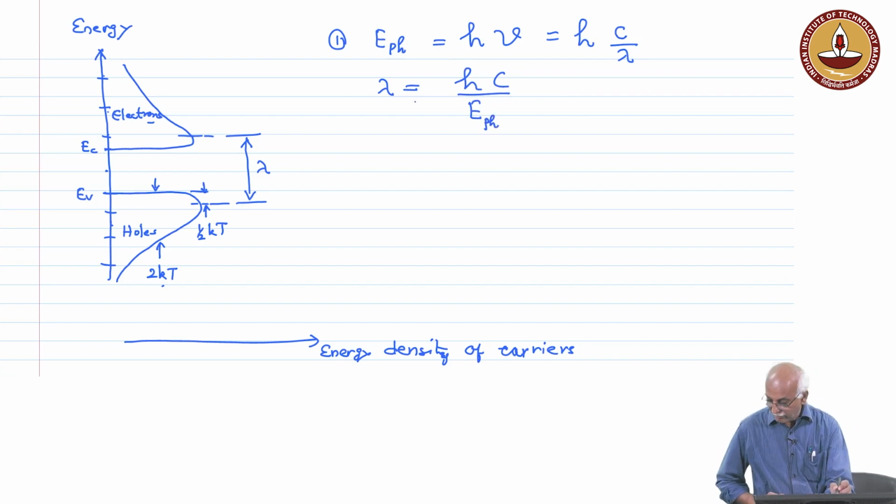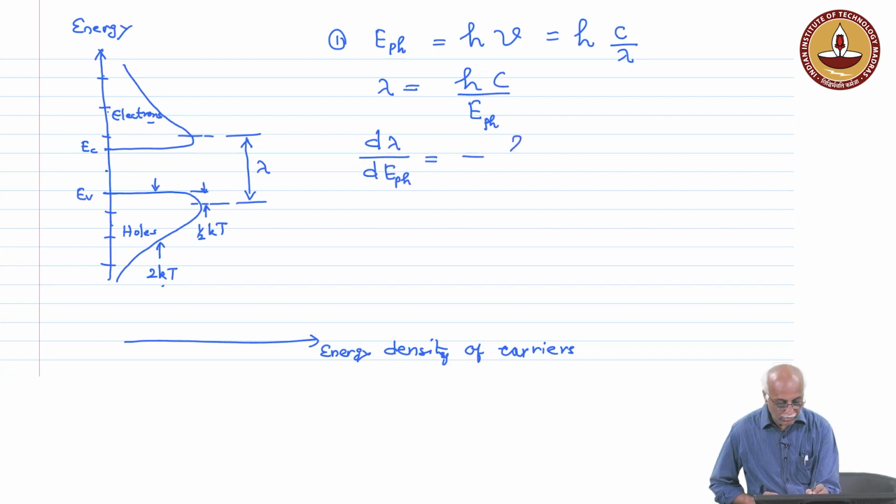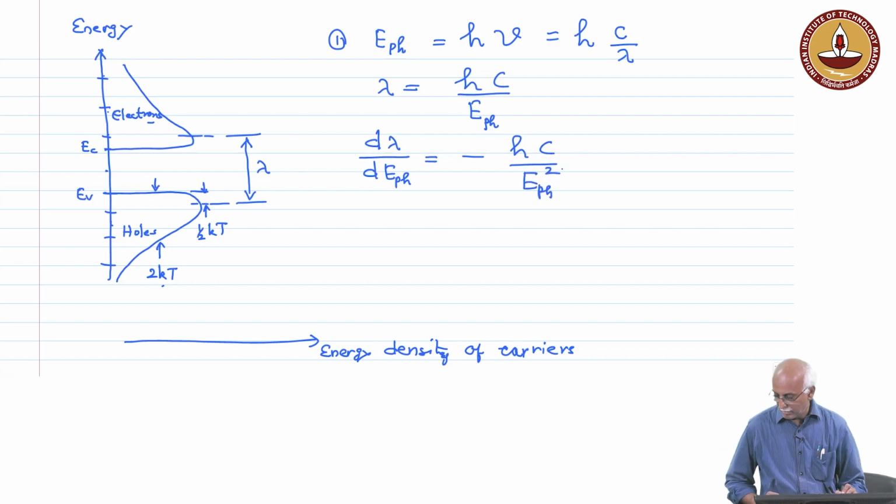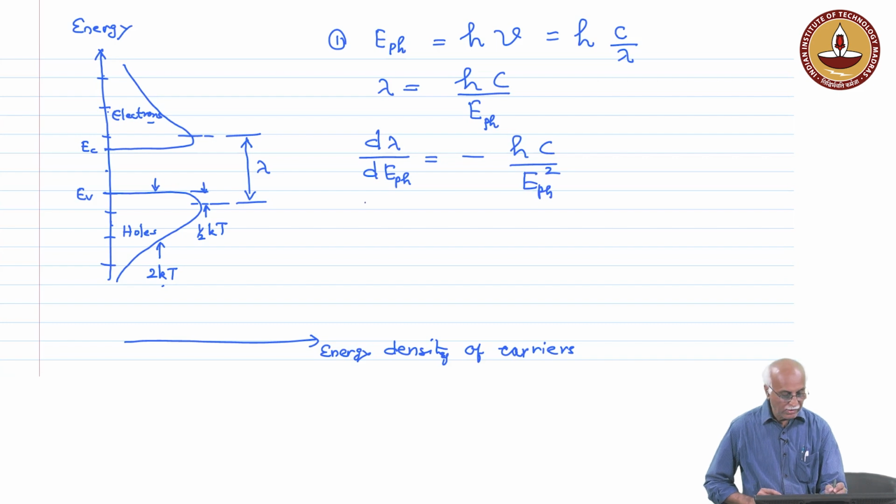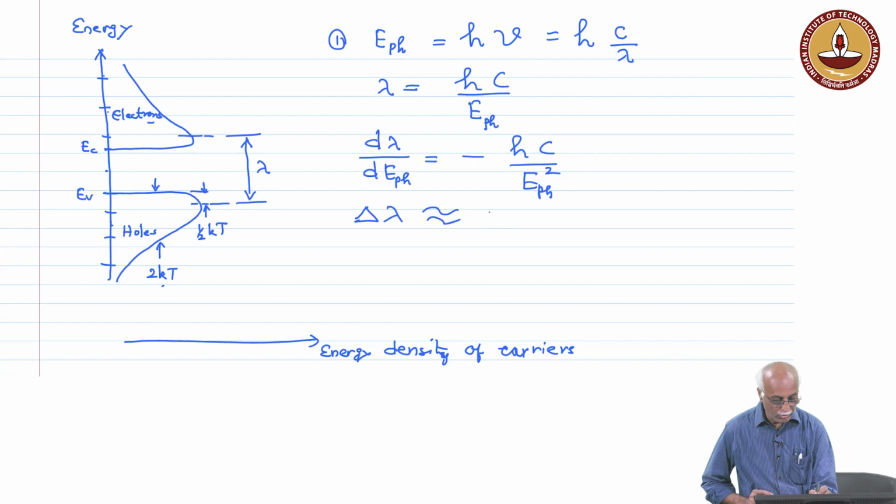Now, if we differentiate this, d lambda by d E_ph is equal to minus h c divided by E_ph squared. So basically delta lambda is approximately equal to h c upon E_ph squared times delta E_ph.